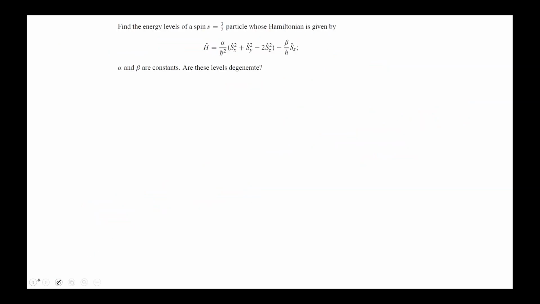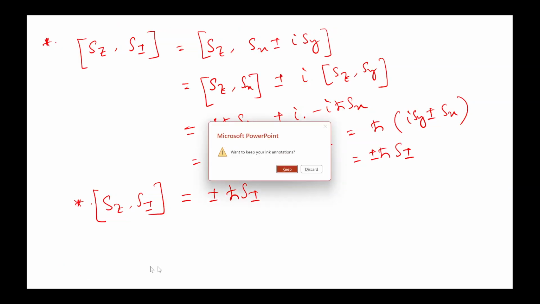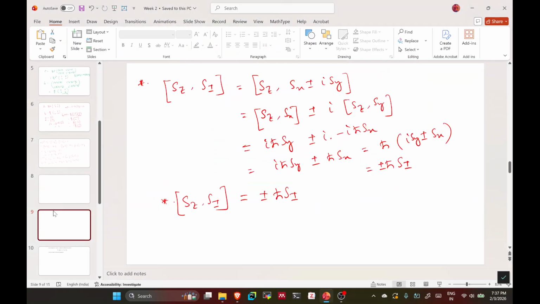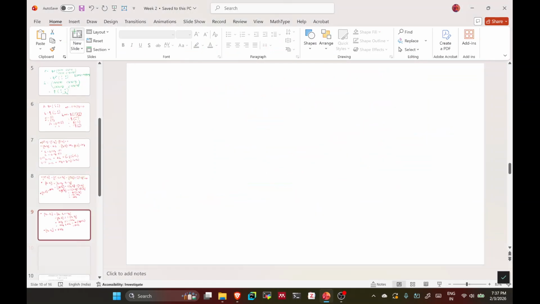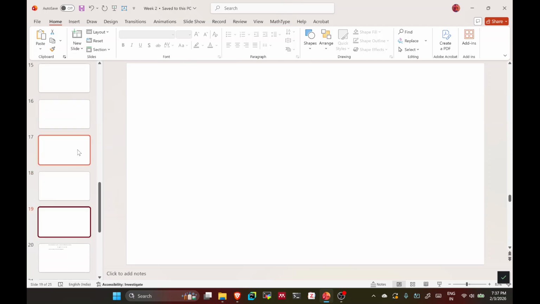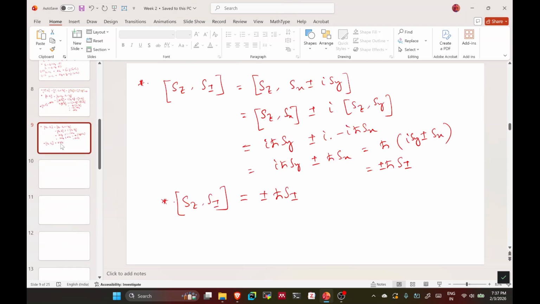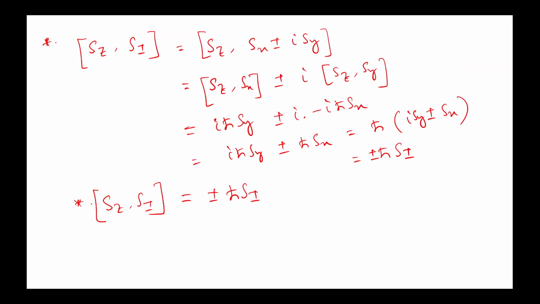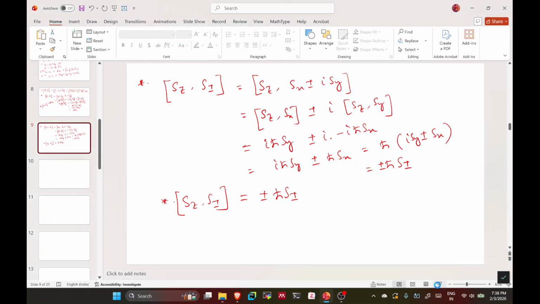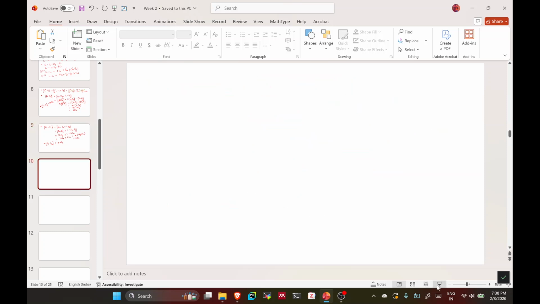And one another thing that will be required, yes, another important thing is what is S plus S minus, and S minus S plus.